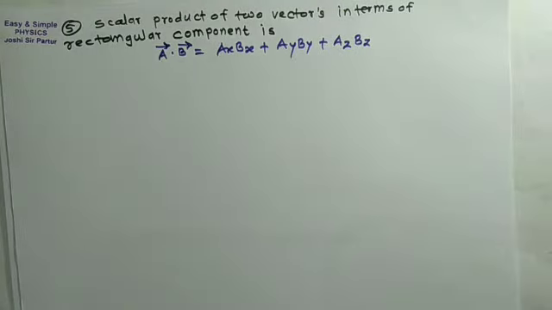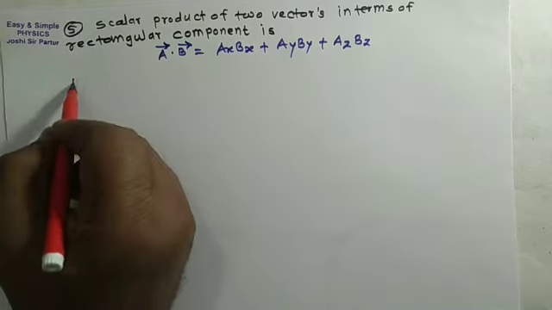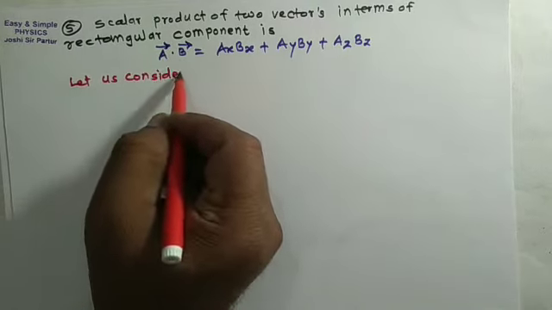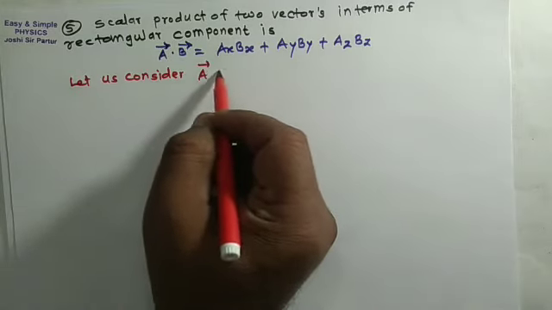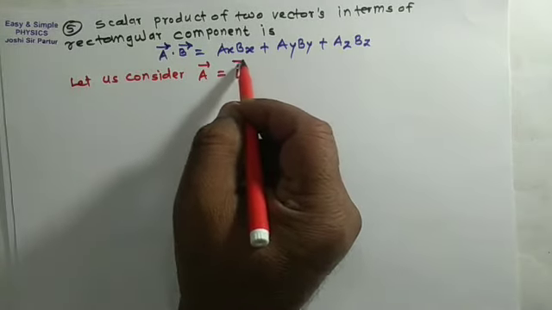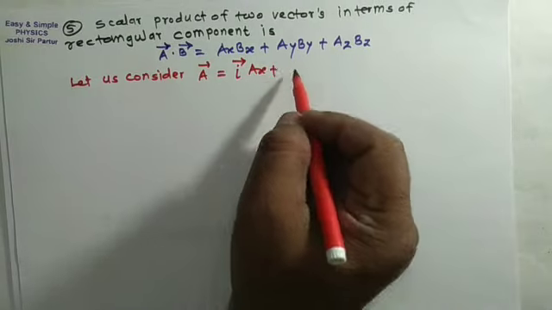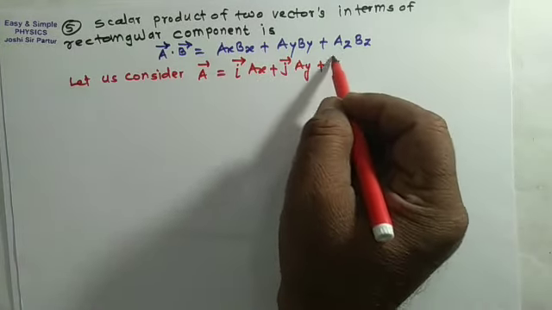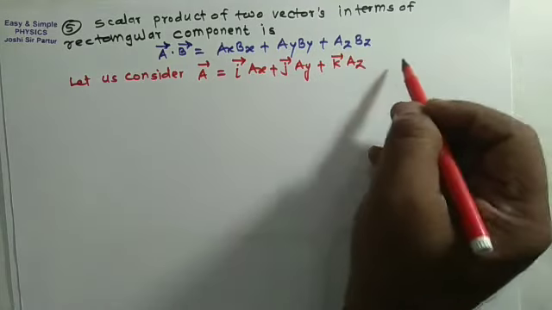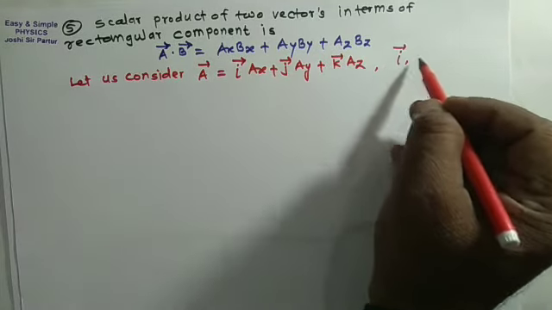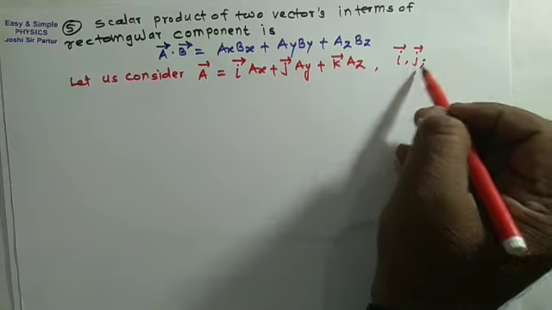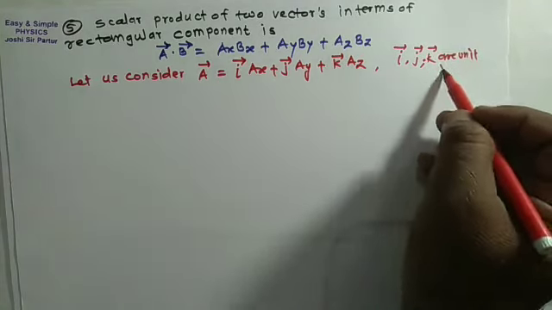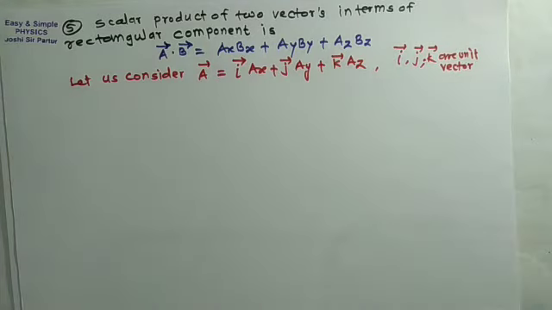So how is it possible? Let us consider vector A is represented as vector i Ax plus vector j Ay plus vector k Az, where vector i, vector j and vector k are unit vectors.